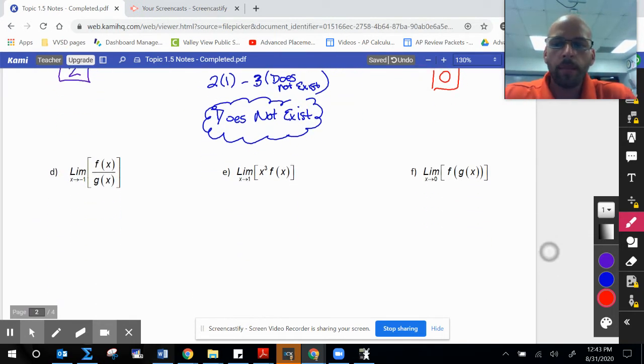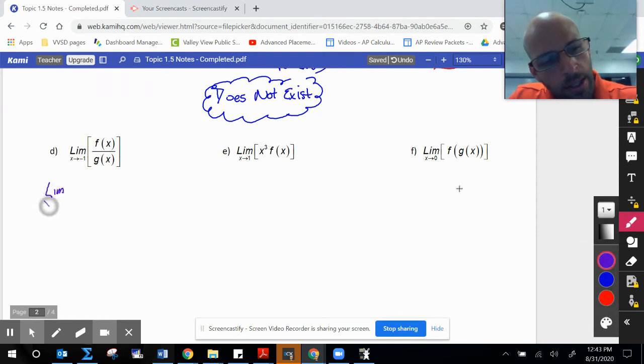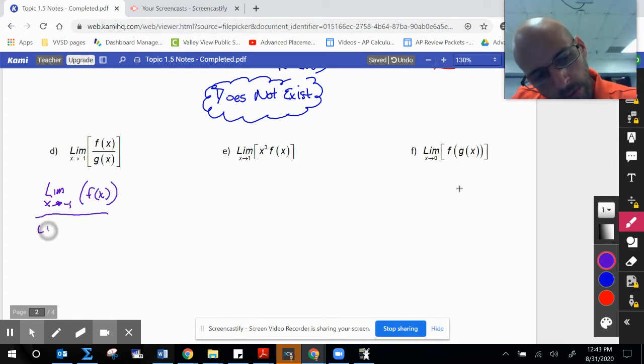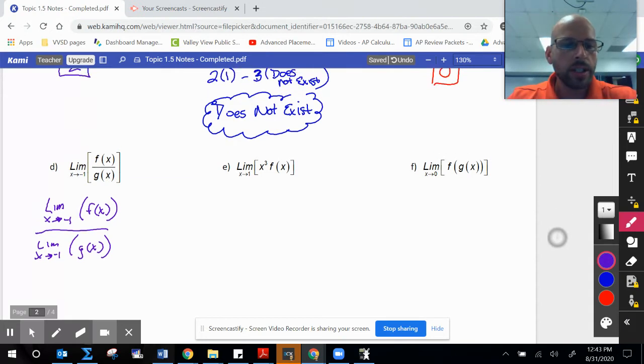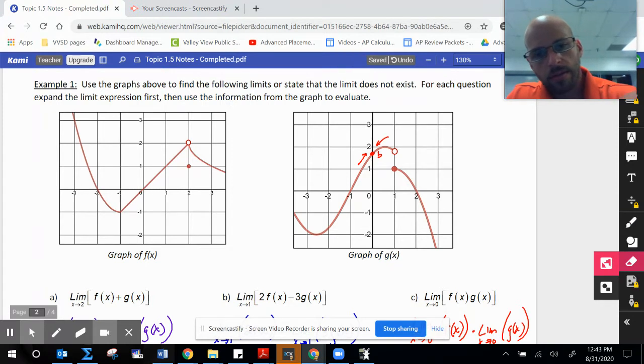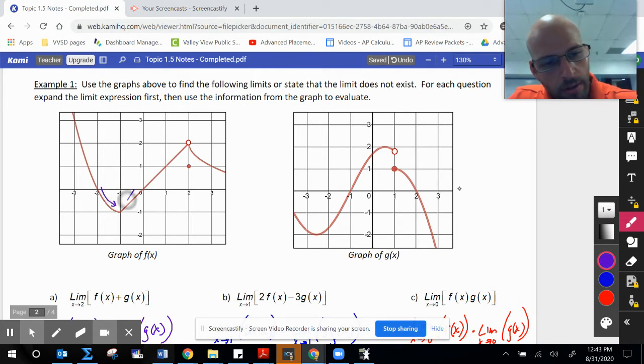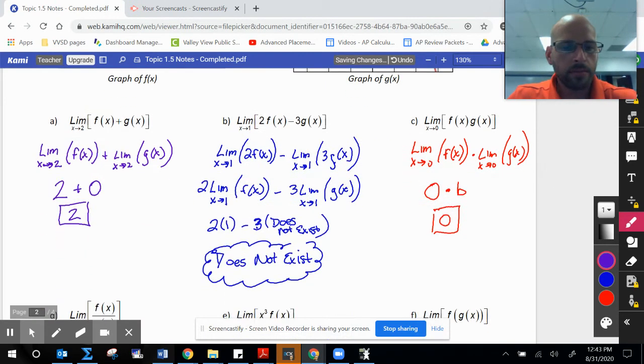Okay? For part D, we have a quotient. So let's go back. I'm going to say the limit as x approaches -1 of f of x all over the limit as x approaches -1 of g of x. So write it all out. Practice your limit statements. Now, when I do this, if I check -1 for f, that's going to be at -1.